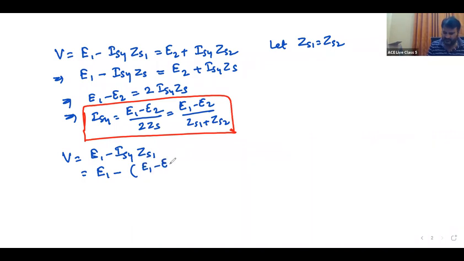E1 minus E2 divided by ZS1 plus ZS2. Or simply, let me take it as 2 ZS, taking the impedances as equal, ZS. From this equation I am taking.